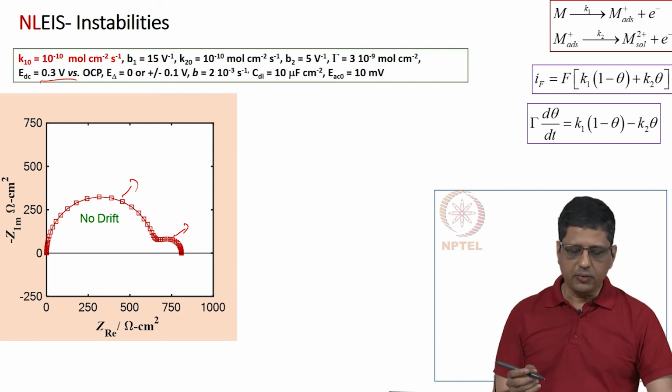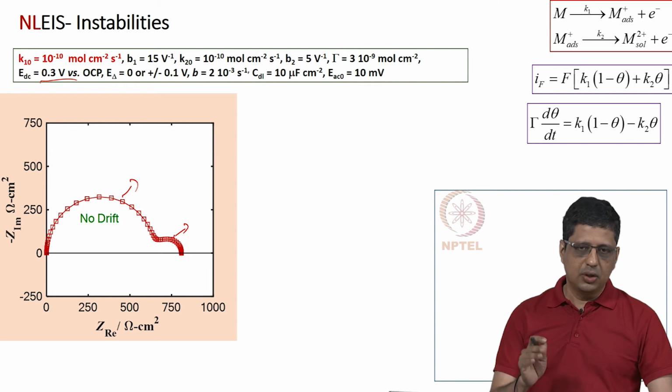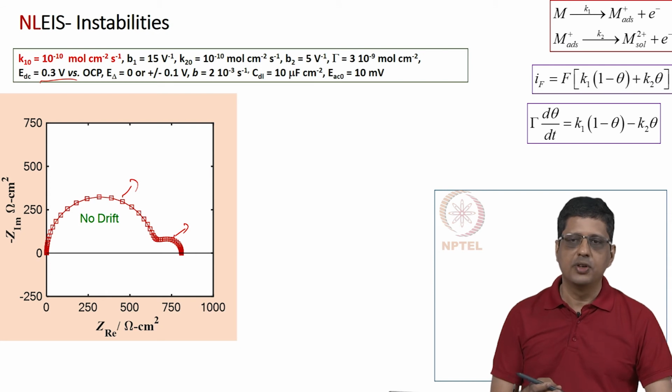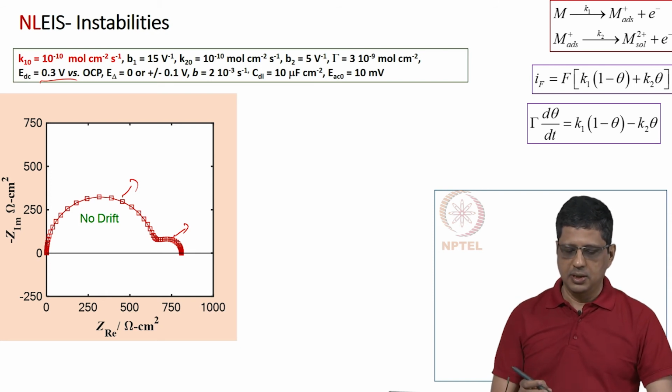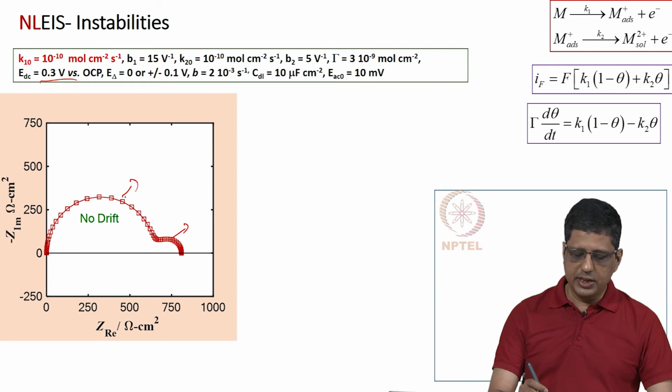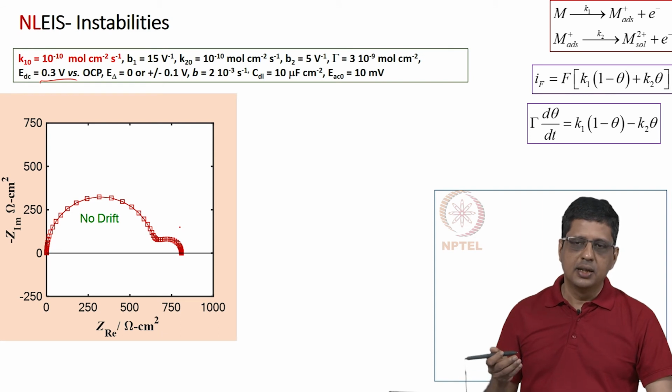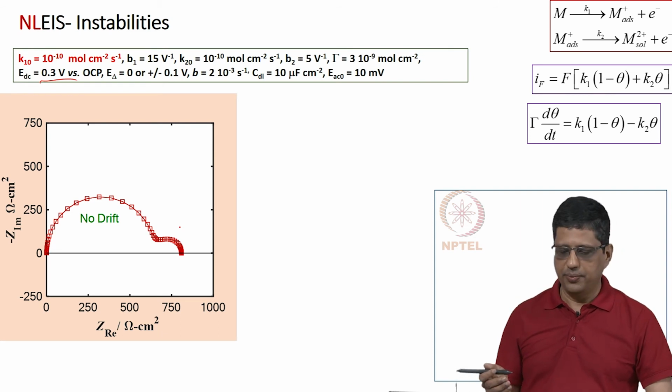And I am showing this in the nonlinear EIS section because the code that we use is meant for nonlinear EIS. You can use it with small amplitude perturbation and get the response in the linear regime. It is more general compared to what we have done in the earlier classes. In the first 10 weeks, we have focused on linear traditional EIS. So, you can't take the results there and directly get the results at the larger amplitude.